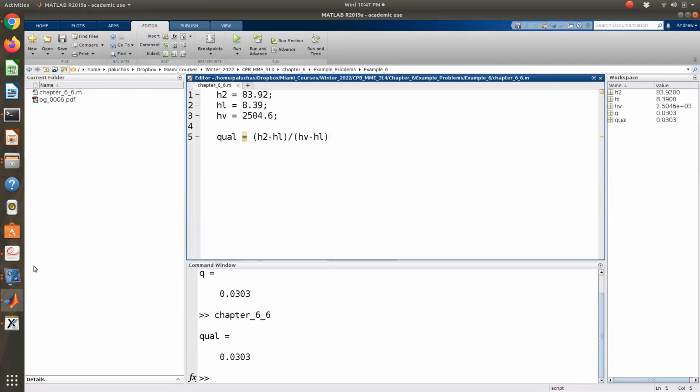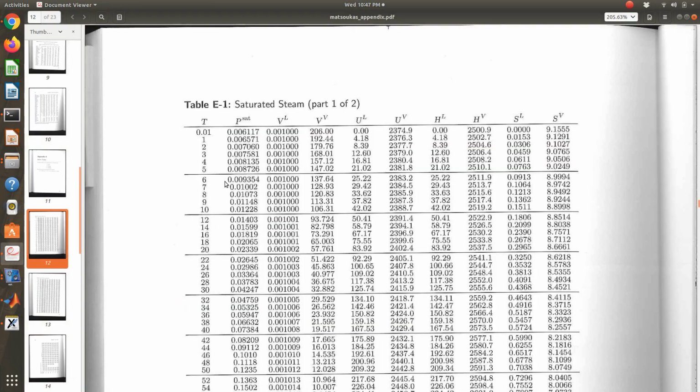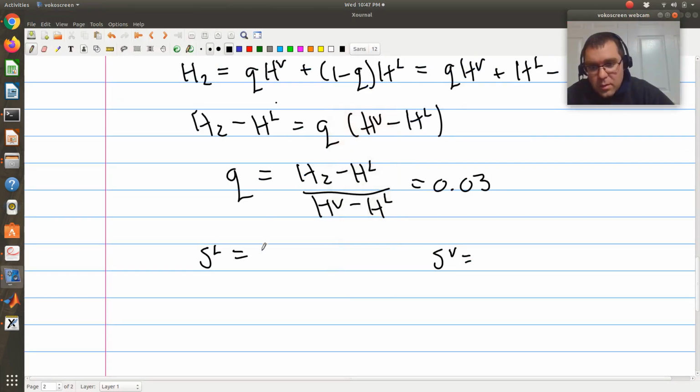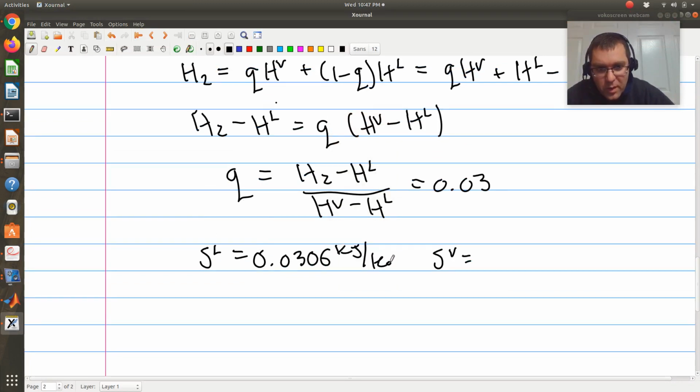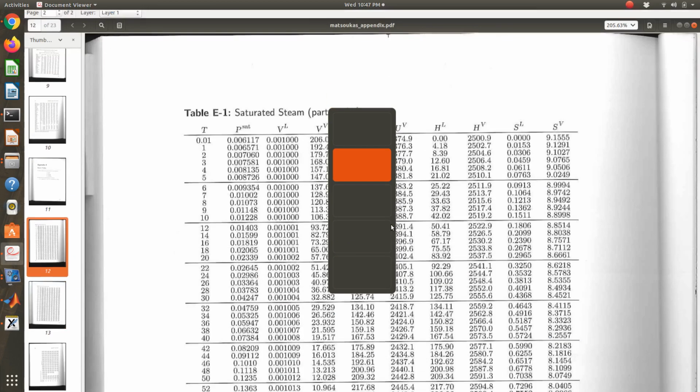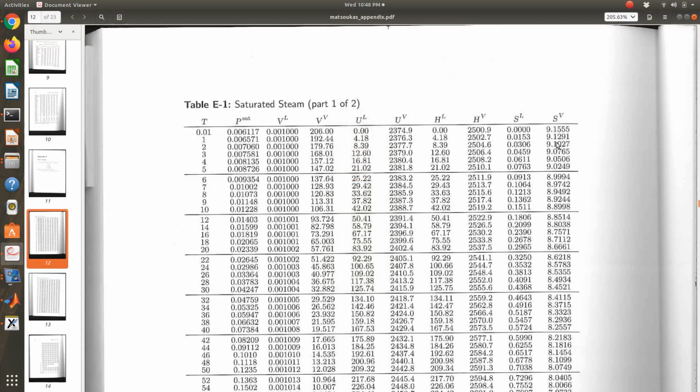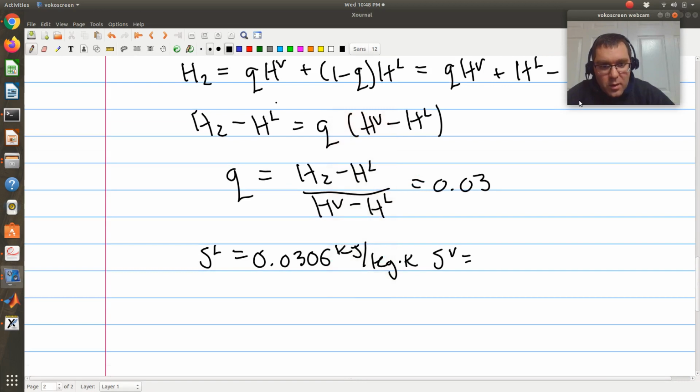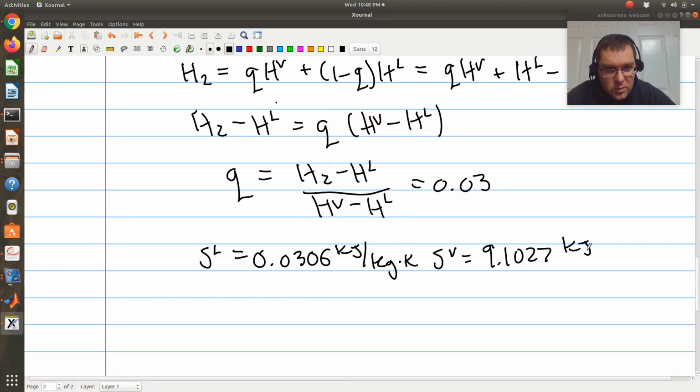So at 2 degrees C, S of my liquid is 0.0306 kilojoules per kilogram Kelvin, and SV would be 9.1027 kilojoules per kilogram Kelvin.